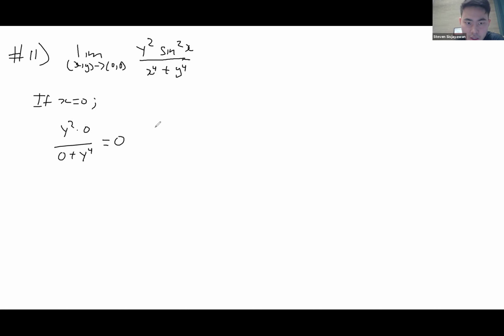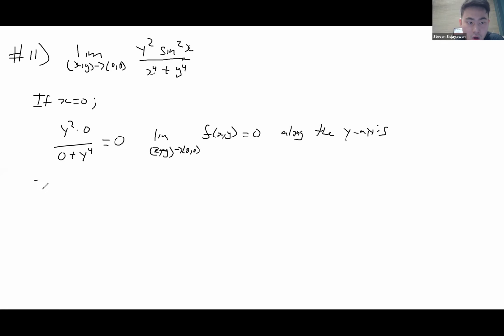So this implies that the limit of f(x, y) as (x, y) approaches (0, 0) is going to be 0 along the y-axis.